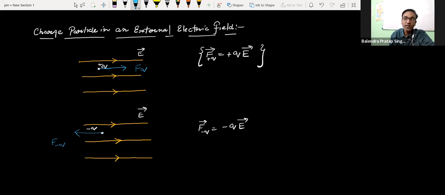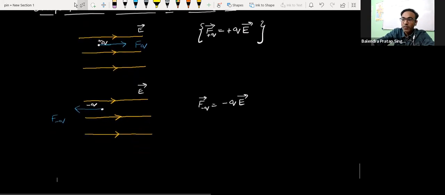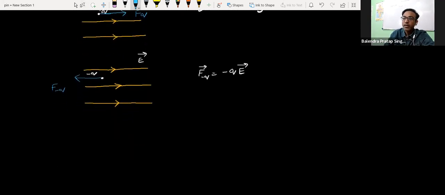Because if a charged particle has mass, suppose I put a proton in this uniform electric field.